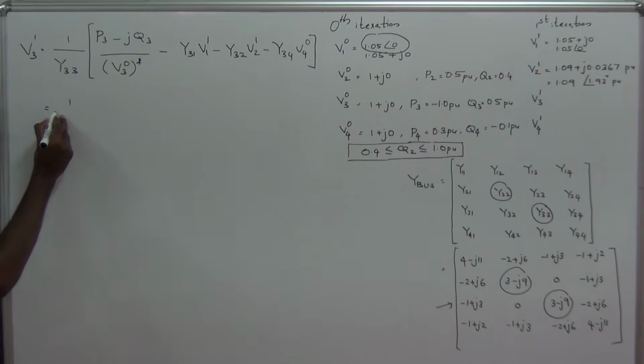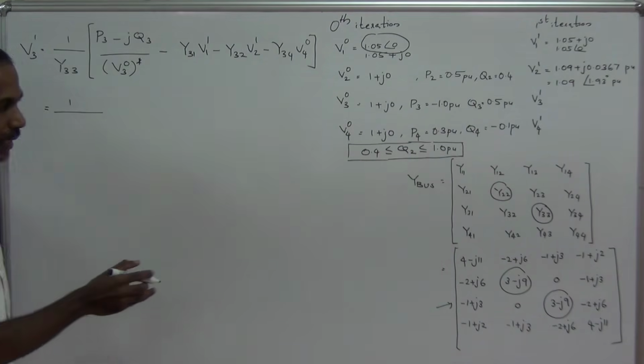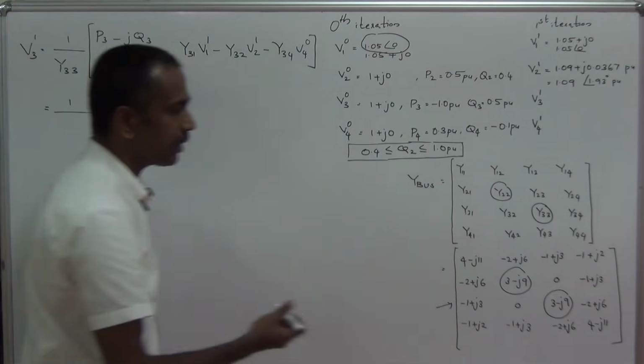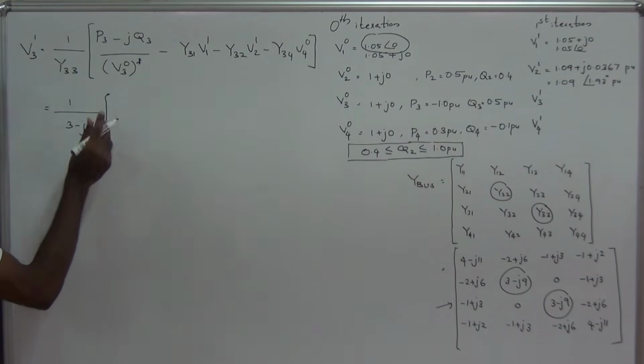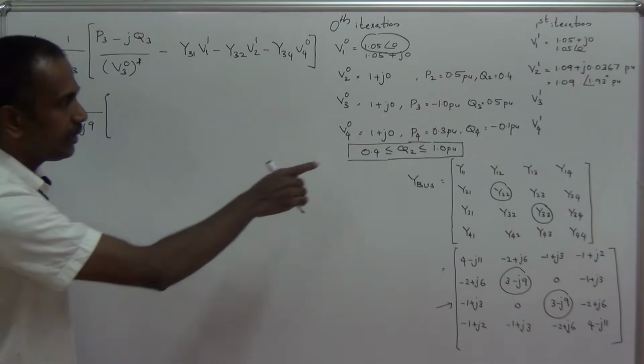So this is equal to 1 by, what is Y33? It is 3 minus j9, into P3 minus jQ3.